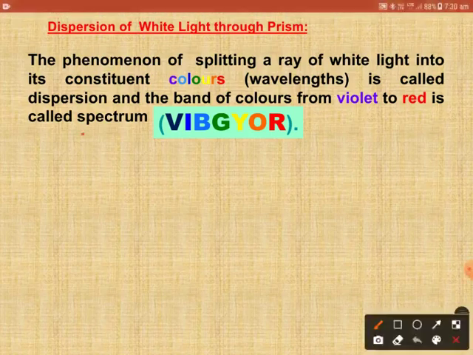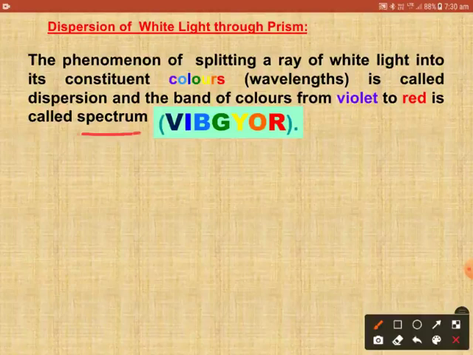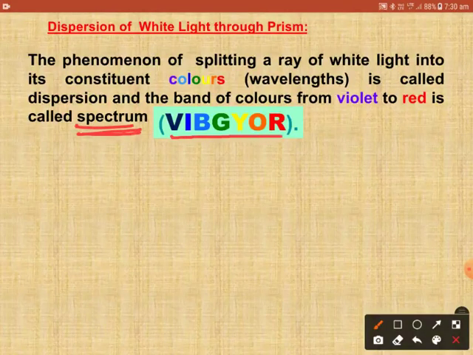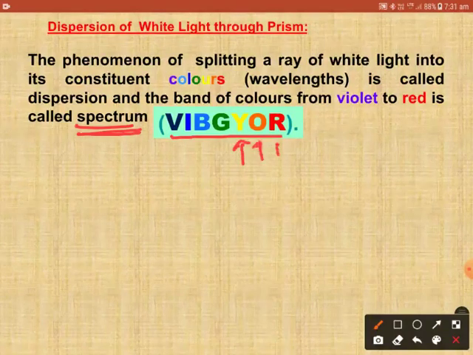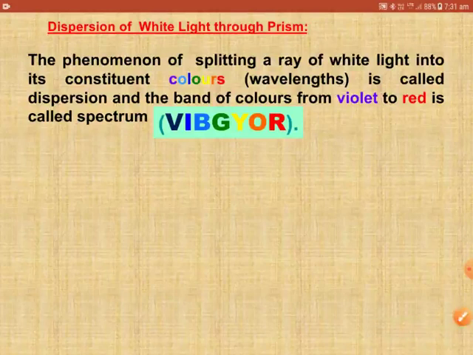To remember those 7 colors, you can remember VIBGYOR: V for violet, I for indigo, B for blue, G for green, Y for yellow, O for orange, and R for red. Then you can easily remember the order of the colors.